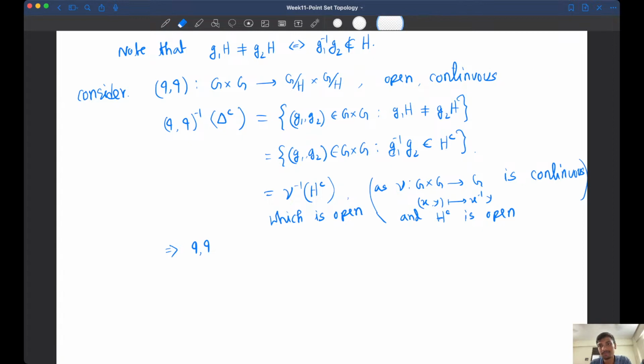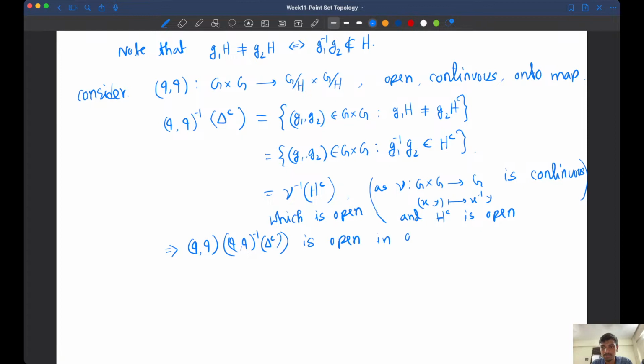So Q comma Q of the whole inverse of delta complement is open in G mod H cross G mod H, but this is nothing but delta complement, as this Q comma Q is onto.